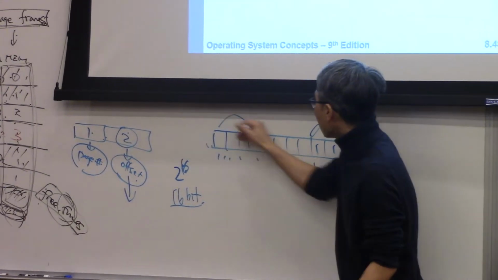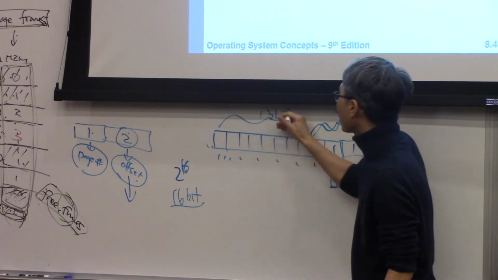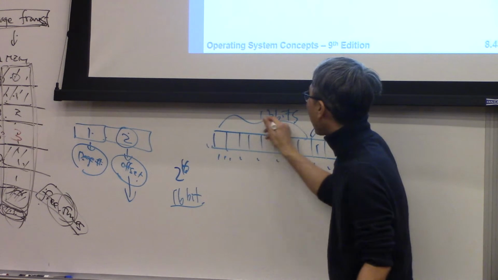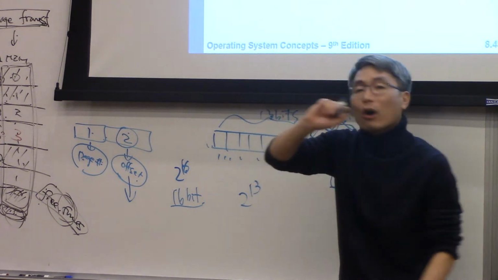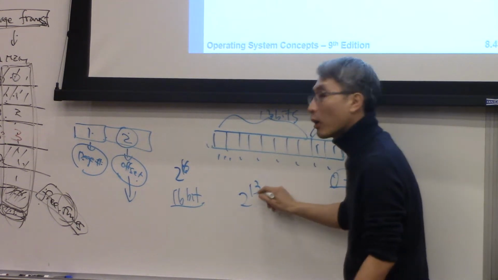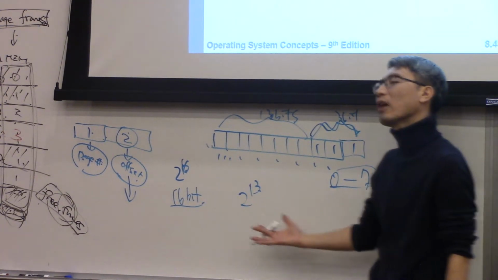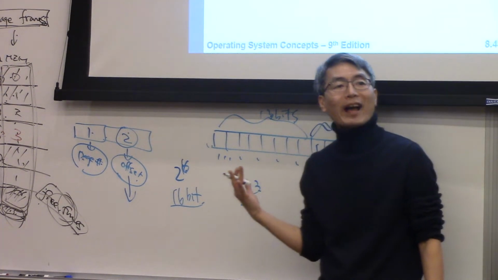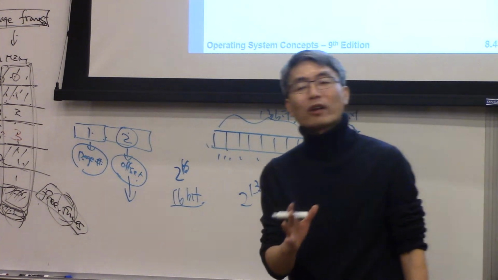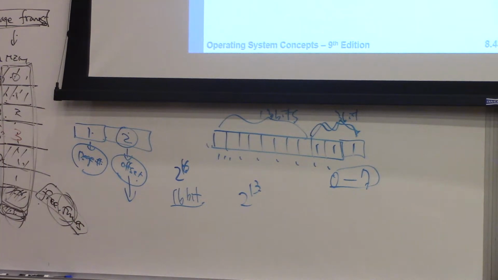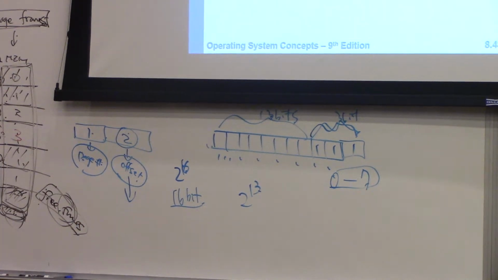Then the other 13 bits are used for what? Number of pages. So you can have a total of 2 to the power of 13 pages in your system at maximum, because of the limitation of address. So a long time ago, when you were using a 32-bit processor, your file size was limited by what? 4 GB, or some of them 2 GB.